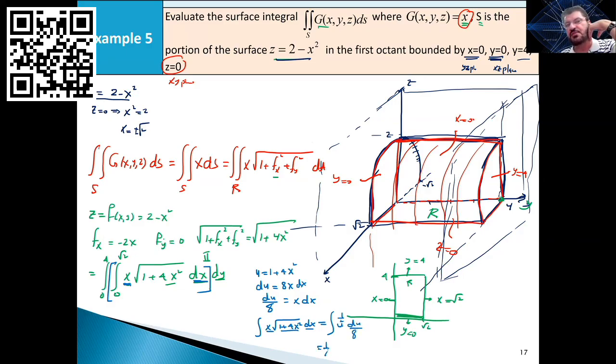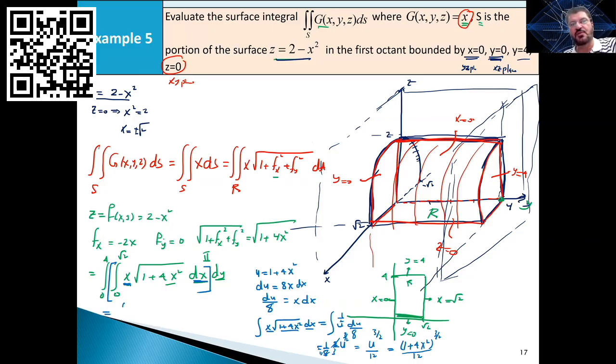Take the 1/8 out. What's the integration of u to the half? It's u to the 3/2 times 2/3. This 2 with 8 is 4, and we are left with u to the 3/2 over 4 times 3, which is 12. But u is 1 plus 4x squared, so this is 1 plus 4x squared to the power 3/2 divided by 12. This is the result.